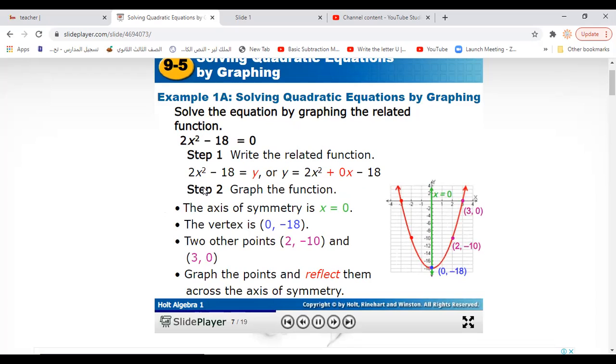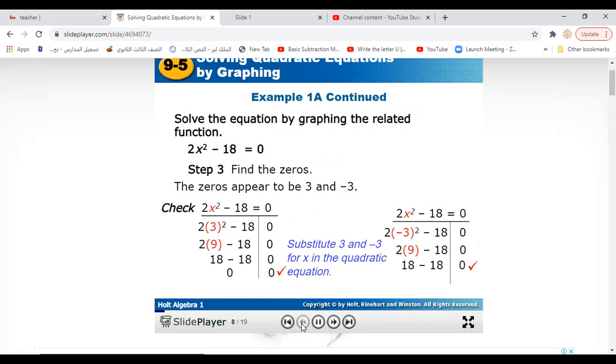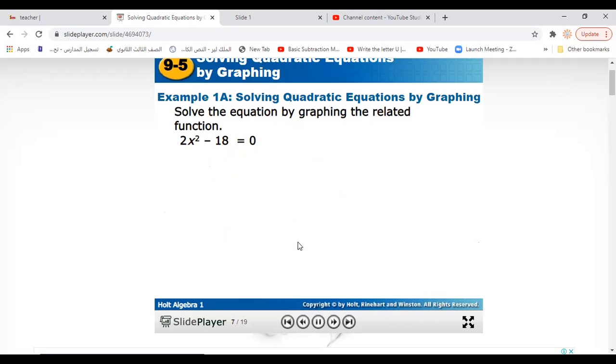In this function, the axis of symmetry will be x equals 0. So we can write negative b over 2a, and we have b equals 0, so it will be x equal 0. We will substitute to find the vertex, and then we found that the vertex was 0, negative 18.